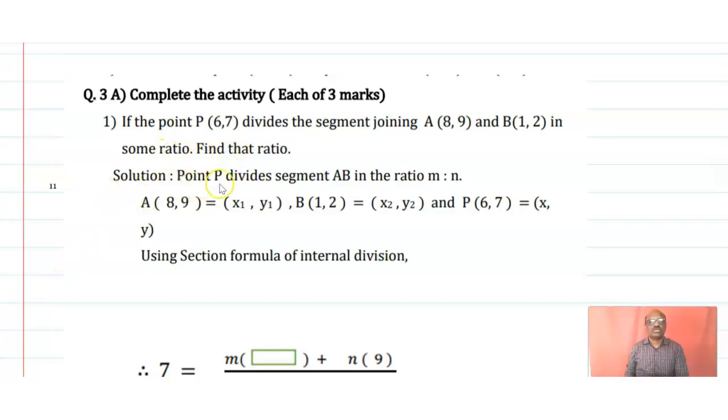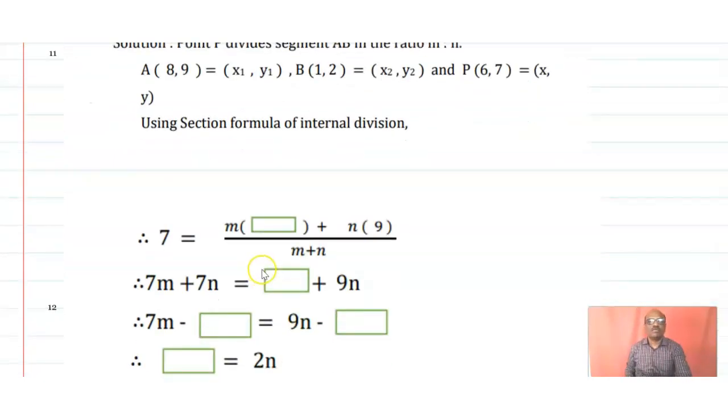Now the solution. P divides AB in the ratio m is to n. The coordinates of A are (8, 9), which is x1 y1, B (1, 2), x2 y2, and P (6, 7), which is x y. Now using the section formula for the internal division.